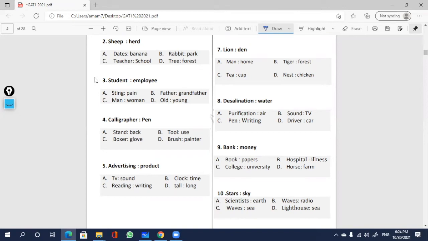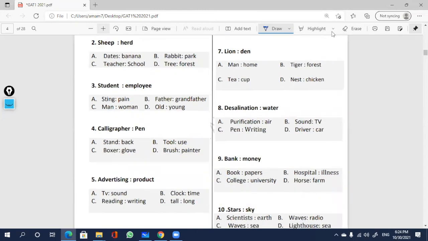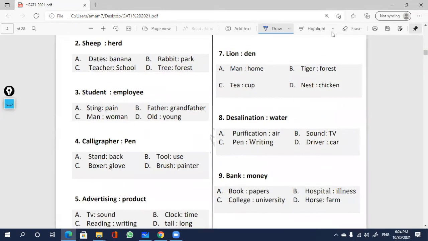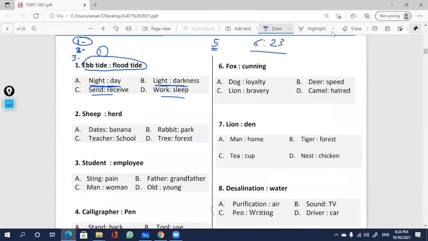Okay, guys, raise your hand if you want to answer. Who can answer this number 1? Okay, Rayan or Yara, can you answer number 1?